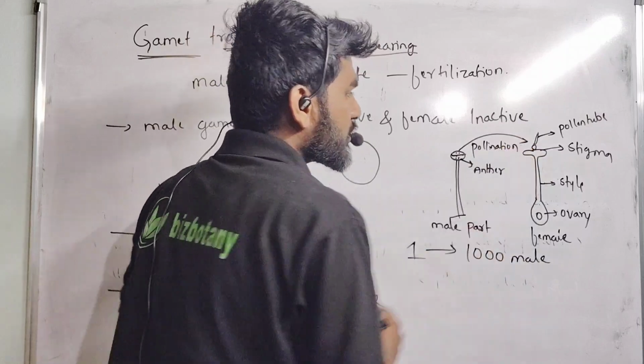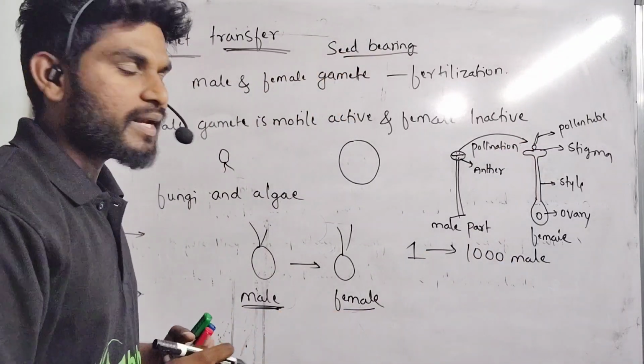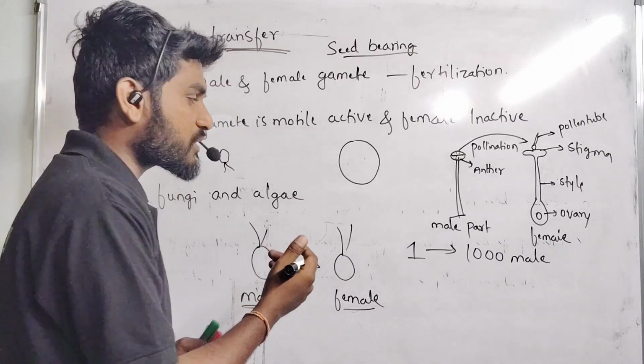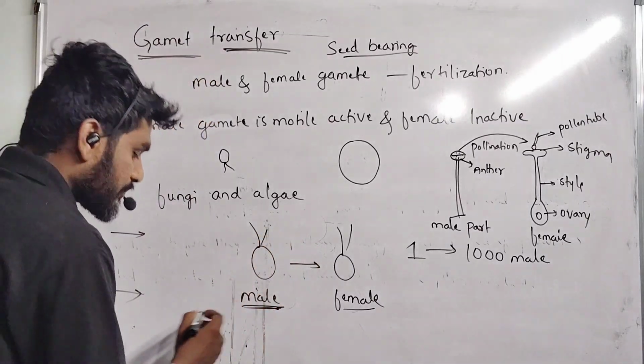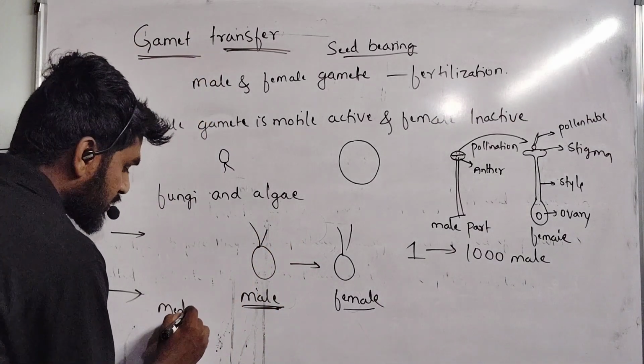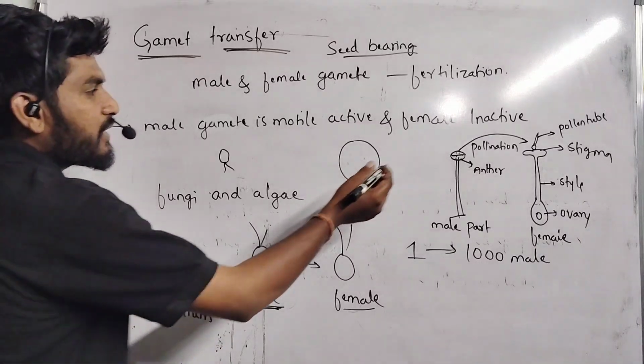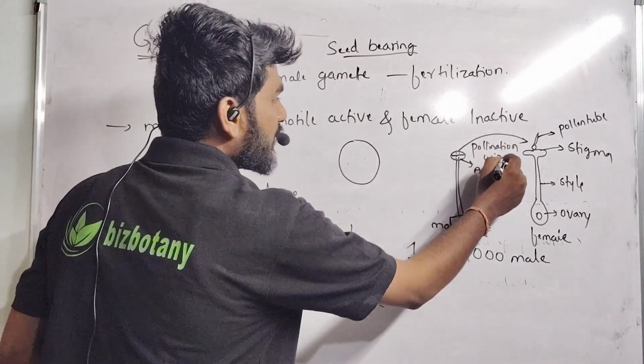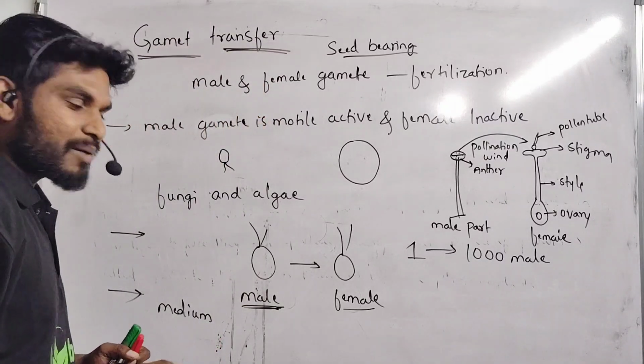In some cases, for the transferring of male gametes from the male sex organ to the female sex organs, they need a medium. Like in seed bearing plants or flower bearing plants, wind acts as a medium for the transferring of gametes.